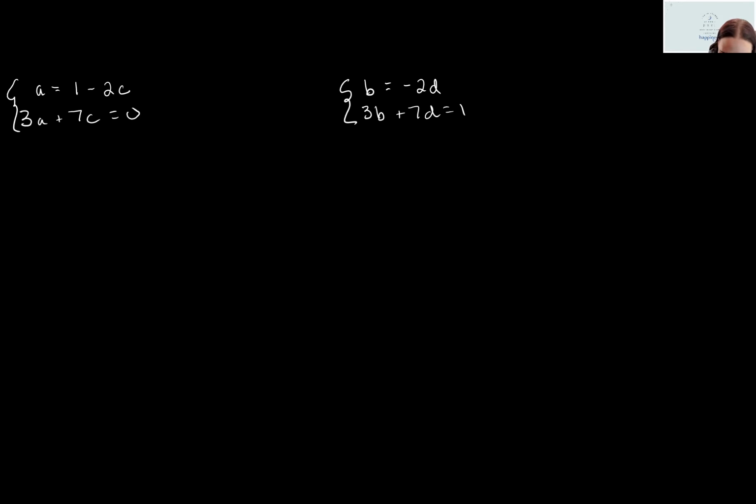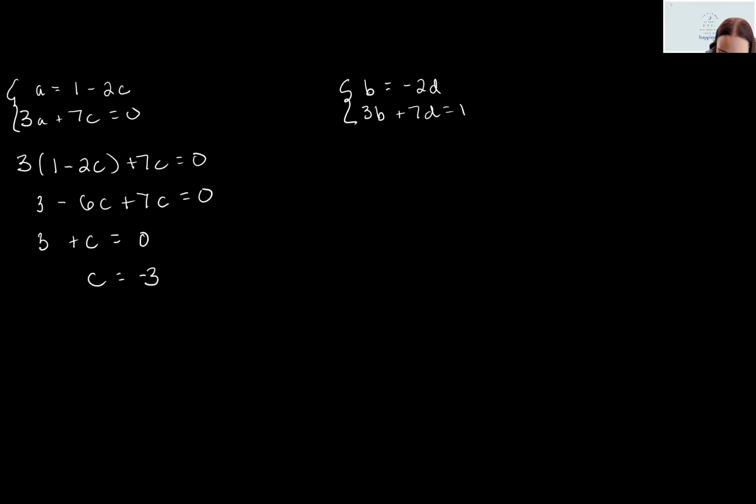So I'm going to start with the first system here and plug in for A. So I get 3 times 1 minus 2C plus 7C equals 0, and then I'm going to distribute. So I get 3 minus 6C plus 7C equals 0. 3 plus C equals 0. C equals negative 3.